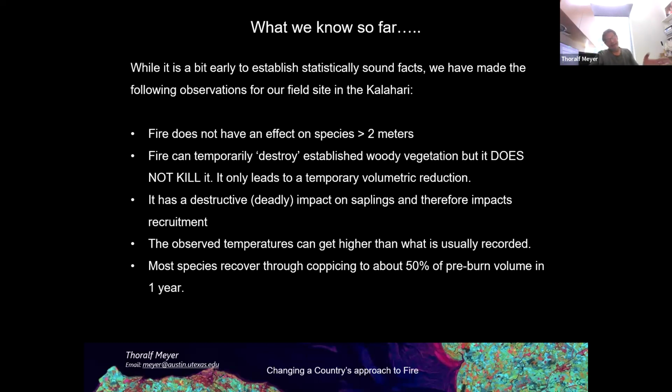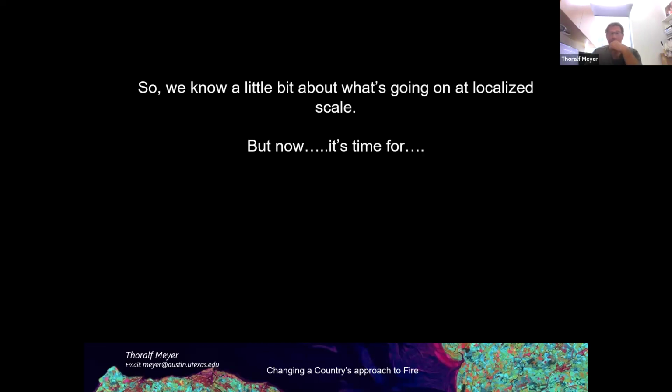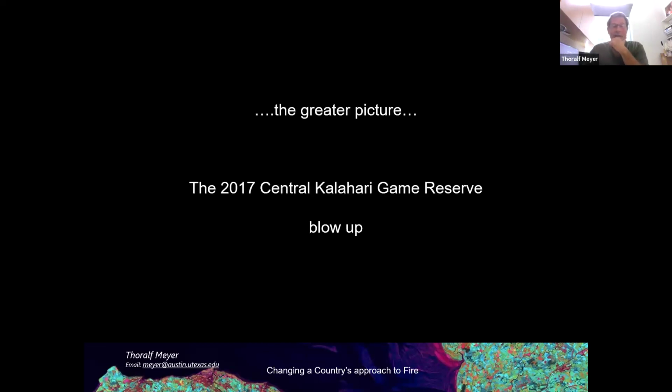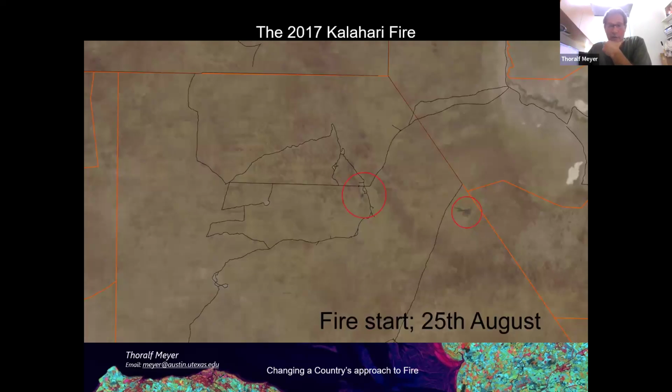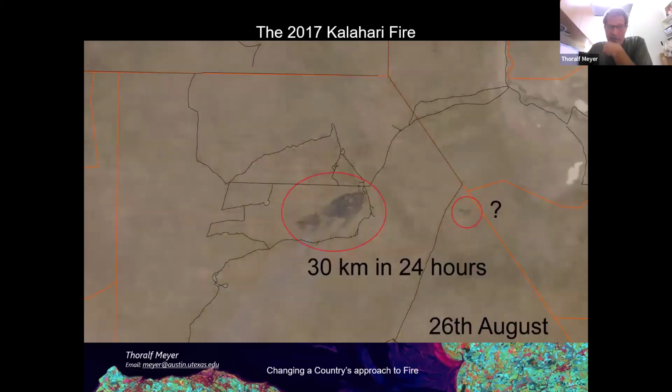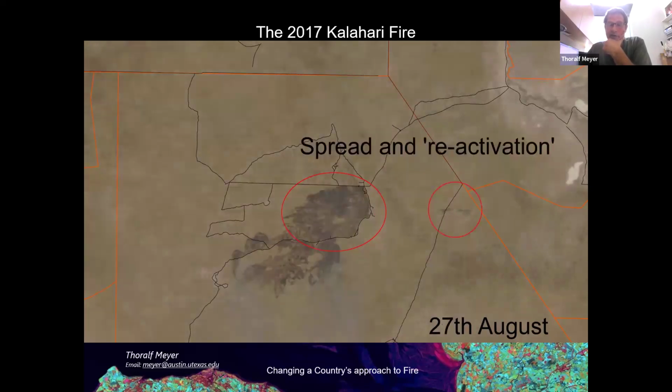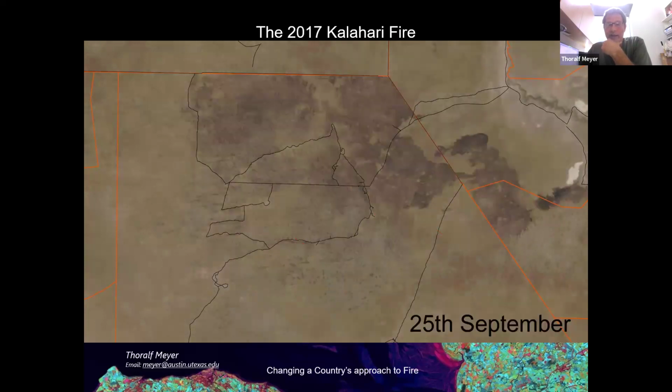But let's continue with this for just a second and let me run you through something. At some point, we had the luck, so to say, to measure a real wildfire. This is a fire that occurred in 2017, and it burned for about a month inside Central Kalahari Game Reserve, and it burned an area the size of Holland and Belgium together.